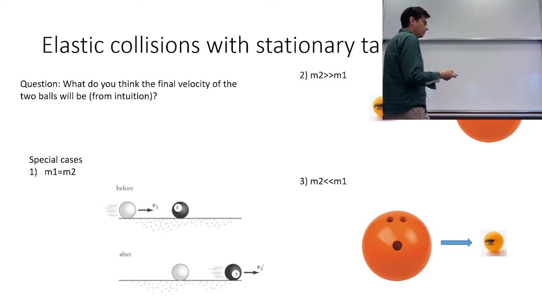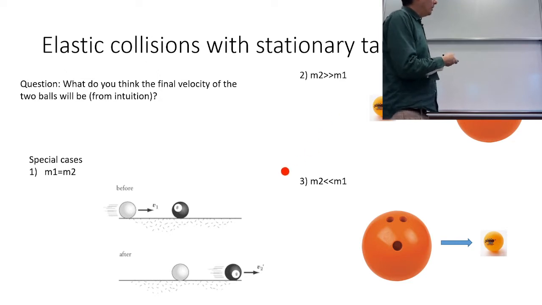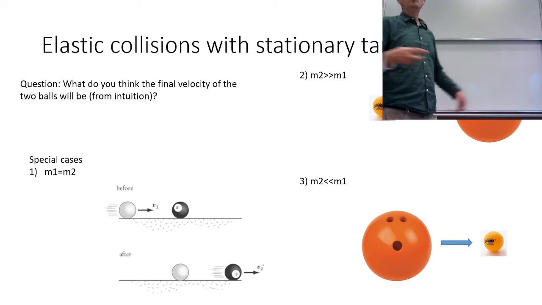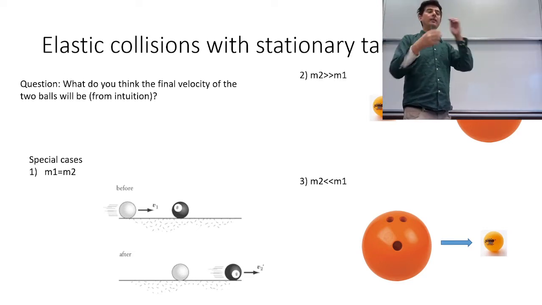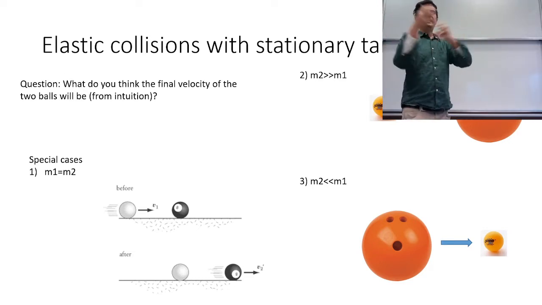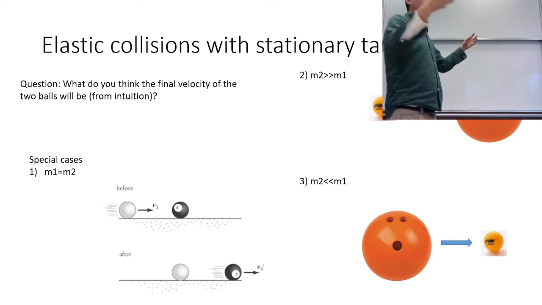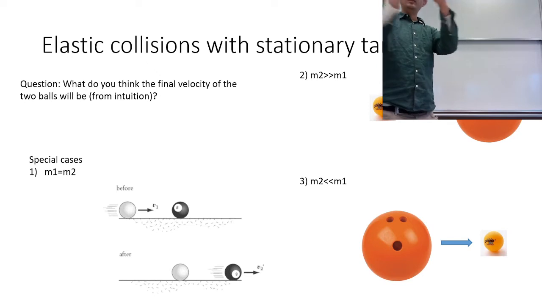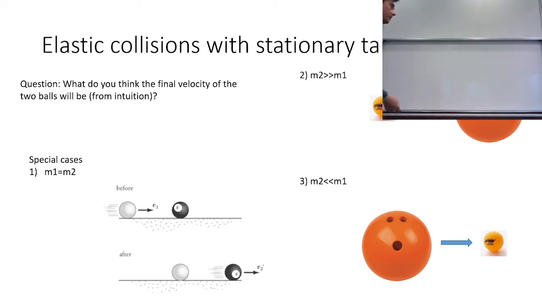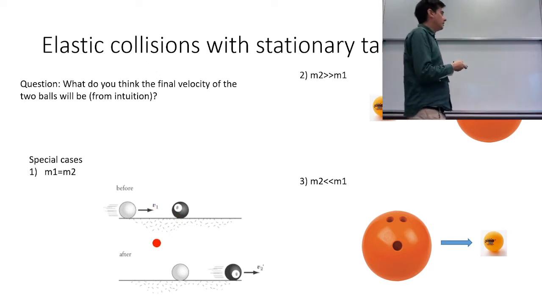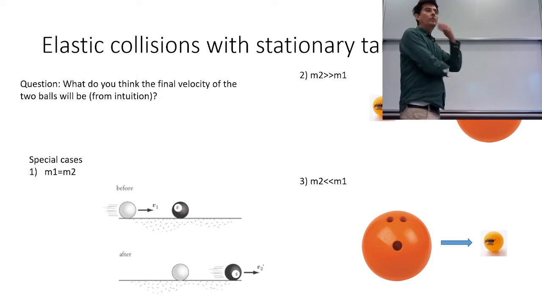In the case where one ball hits another, and this is one-dimensional, so you don't have to think about it hitting at an angle, think of the white ball hitting the other ball dead on. So what do you think happens in this case? If you hit the white billiard ball against the 8 ball dead on, what normally happens?